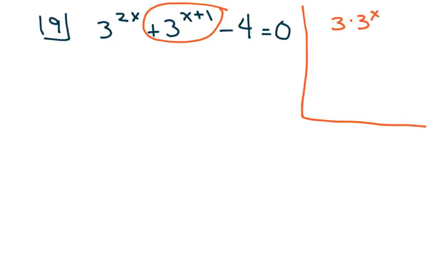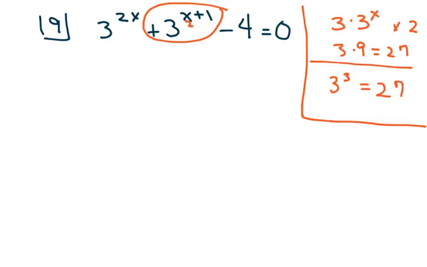This plus 1 just means you put a 3 in front. So let's let x be, say, 2. If I plug in 2 here, I get 3 times 9, which equals 27. And if I plug in 2 here, I get 3 cubed, which equals 27.